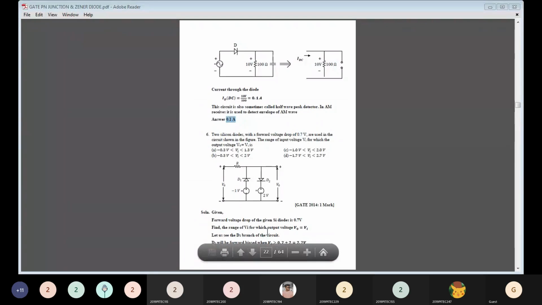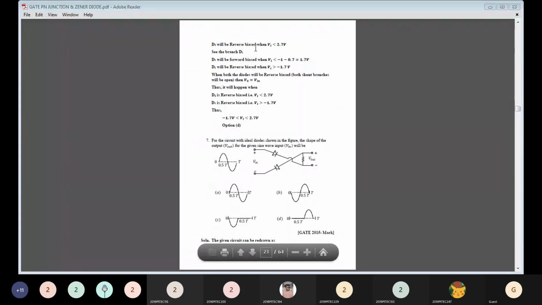Find the range of Vi for which output voltage V0 is equal to Vi. Let us see the D2 branch of the diode. D2 will be forward biased when Va is greater than 0.7 plus 2, which is equal to 2.7 volt. D2 will be reverse biased when Va is less than 2.7 volt.